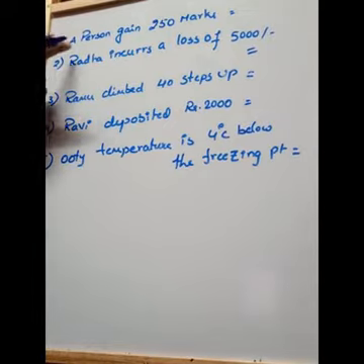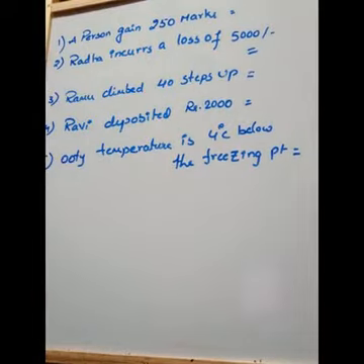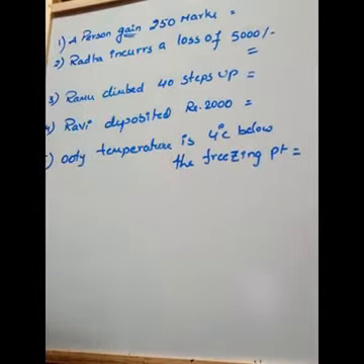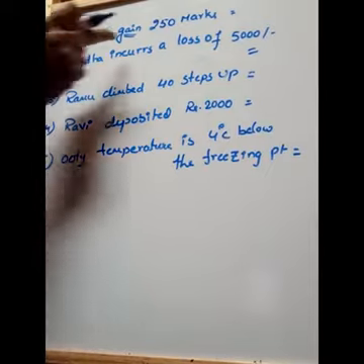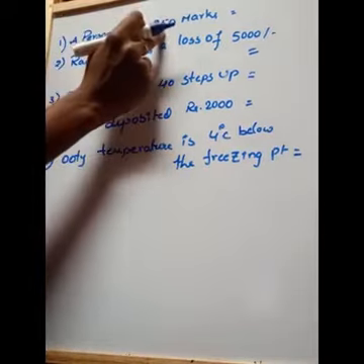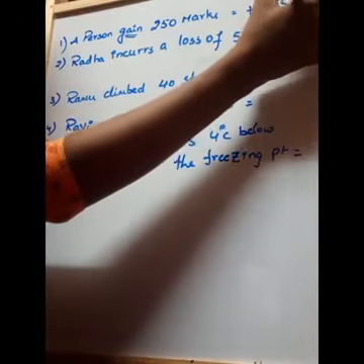Now you have to write the integers by reading these statements. First statement, a person gained 250 marks in an exam. Here you have to observe this word gain. Gain means positive. So what is the integer you can give for this? Positive 250. You have to write plus 250.